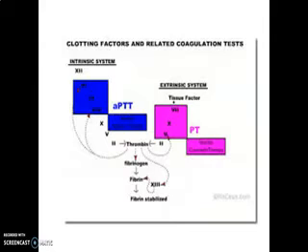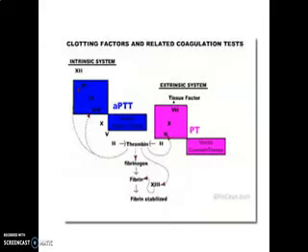Activated factor 11 activates the ninth factor in the presence of calcium ions, and activated factor 9 activates factor 10 with platelet phospholipid in the presence of calcium ions. Activated factor 10 combines with factor 5 in the presence of calcium ions to form the active enzyme prothrombinase.